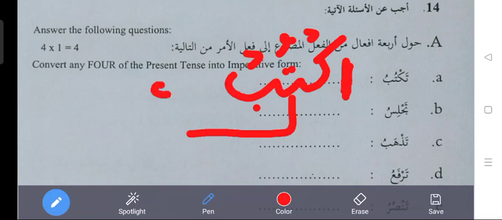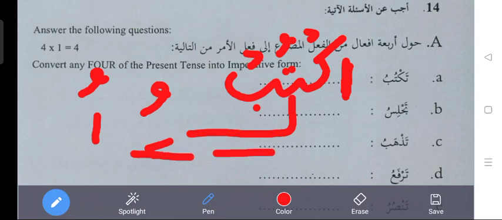If it carries zamma, then we have to give zamma to alif, and if it carries fatha or kasra, then we have to give kasra to alif. Third letter matters. In terms of grammar, it is called as ain kalima. So if the ain kalima possesses zamma, then we will give zamma to alif, and if it possesses kasra or fatha, then we will give kasra to alif.